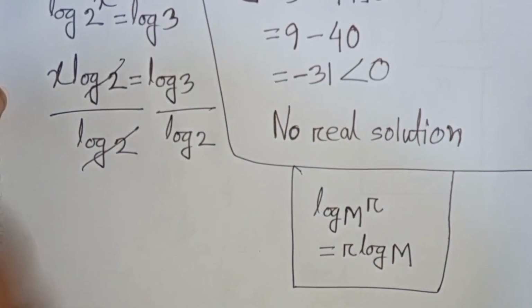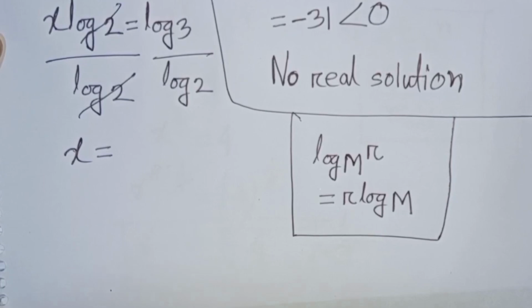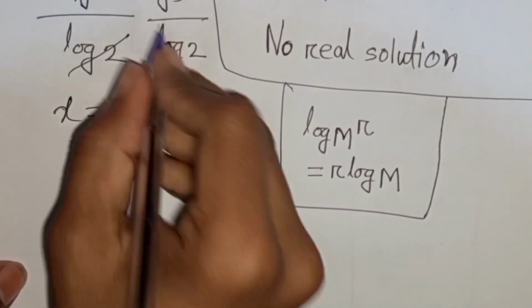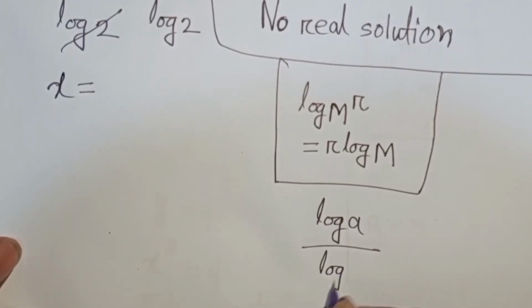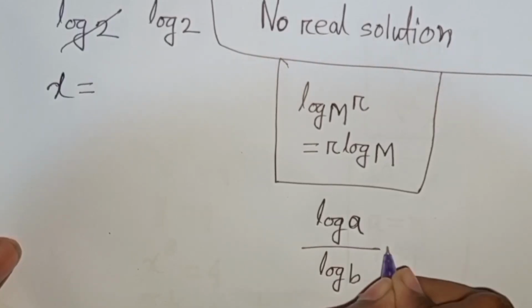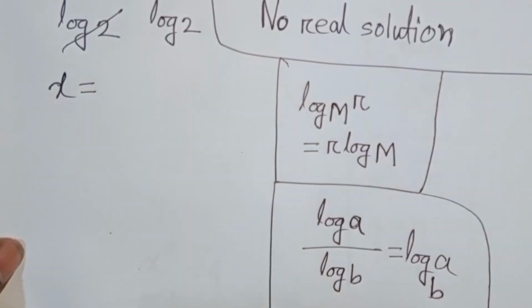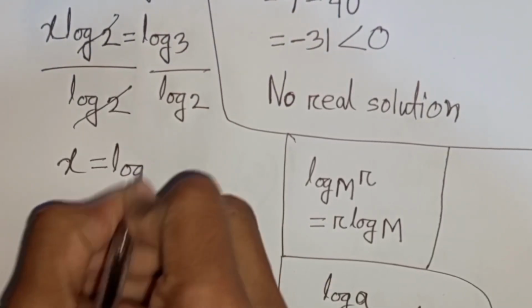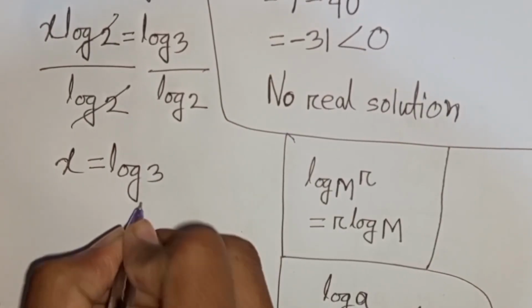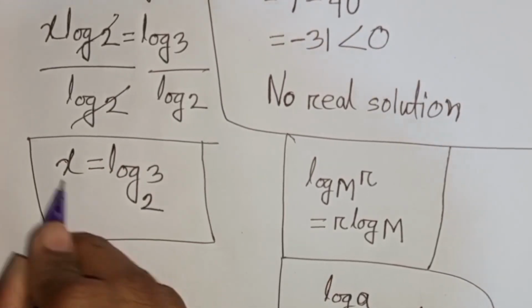So here x will be equal to, here we can apply this formula, log a divided by log b is equal to log a base b. So according to this formula, this divided by this, that means it will be log 3 base 2. So this is the value of x.